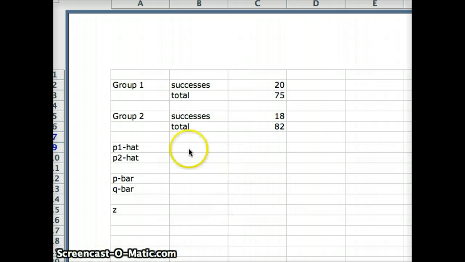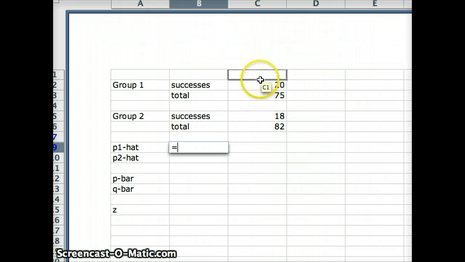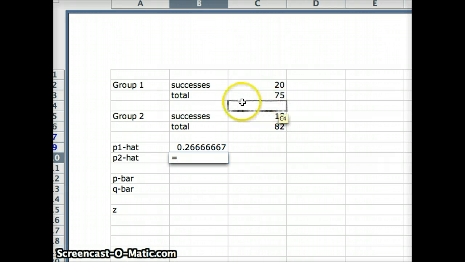So we have P1 hat, number of successes divided by the total, will be 20 out of 75. So we'll equal this number divided by 75. And then P2 hat will equal the number of successes in the second group divided by the total.